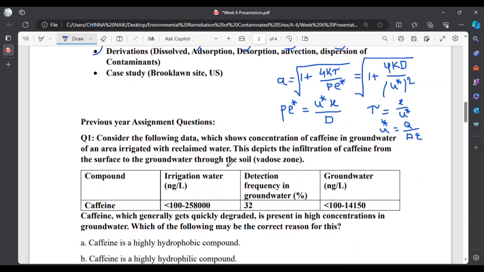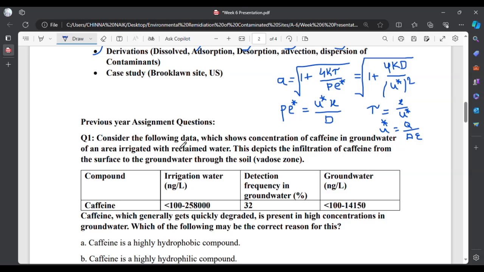The first one, question number 1, is: consider the following data which shows the concentration of caffeine in groundwater of an area irrigated with reclaimed water.